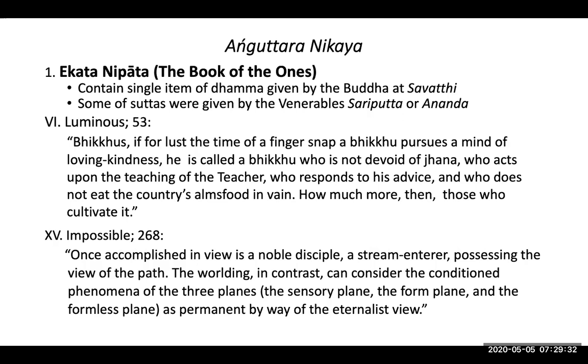So this sutta says, if a Bhikkhu practices the meditation of loving kindness and develops it even for the short duration of a finger snap like this, he is regarded as following the advice of the Buddha, acting according to his instructions.